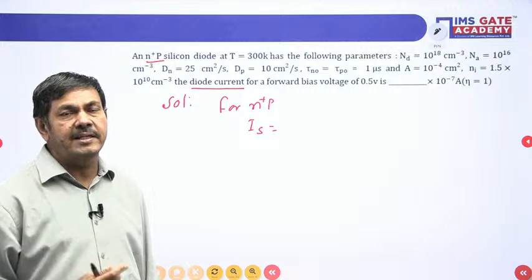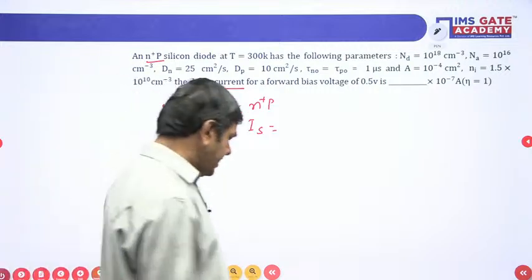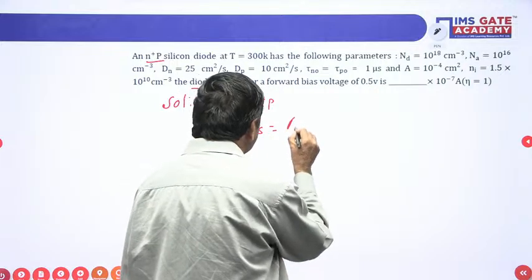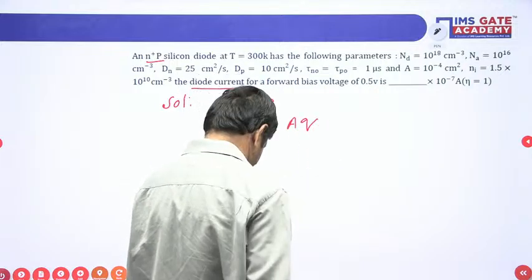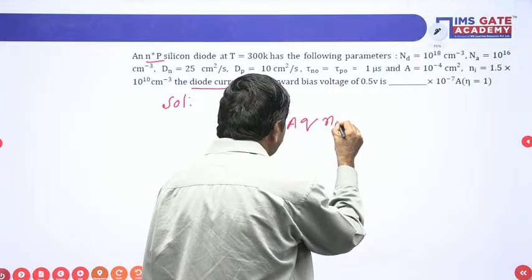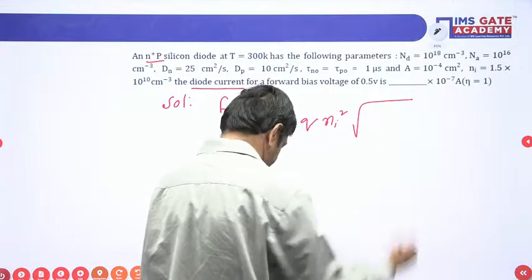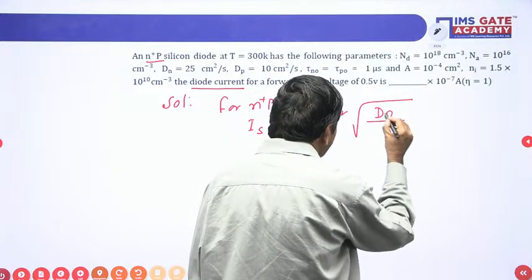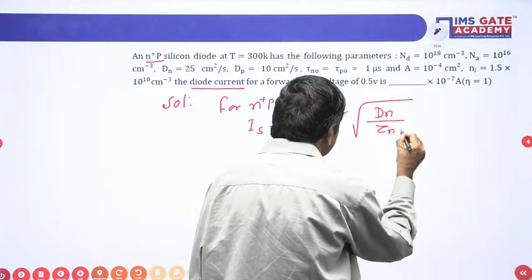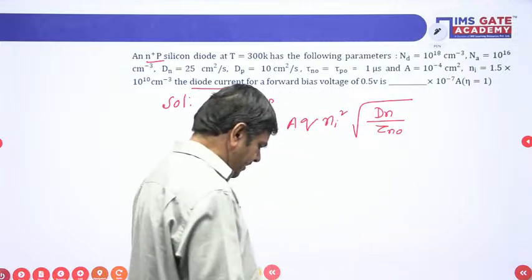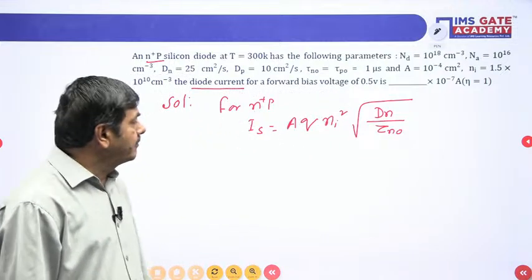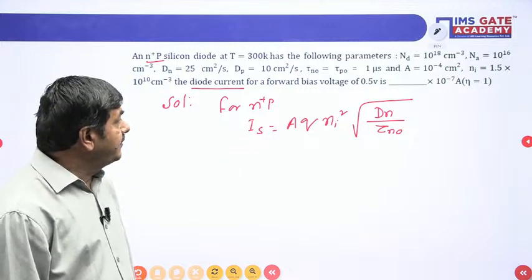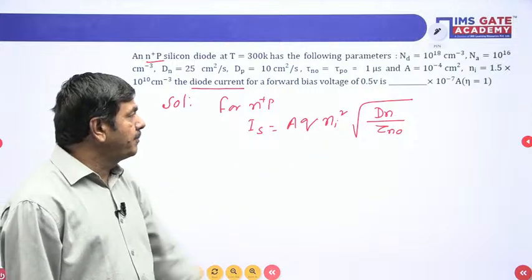Is is calculated by A into Q into Ni square into under root of Dn by tau n0. By using this formula, the reverse saturation current is determined. If it is N plus P, this is the formula you can apply.